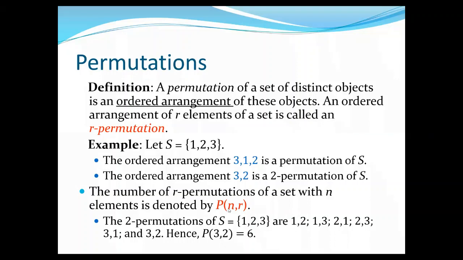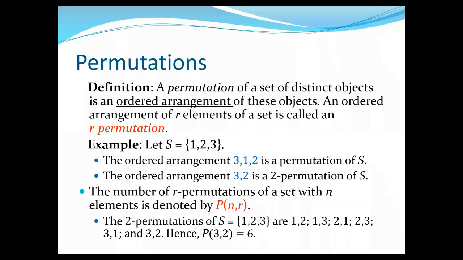This is the population, and this is the number of elements in our pattern. If we connect it with our previous discussion, r is the container, or the number of positions in your pattern.